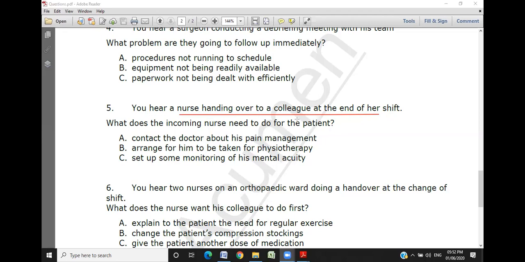So a nurse handing over to a colleague. I'll be playing this now.